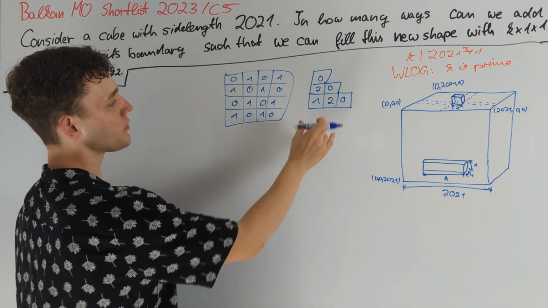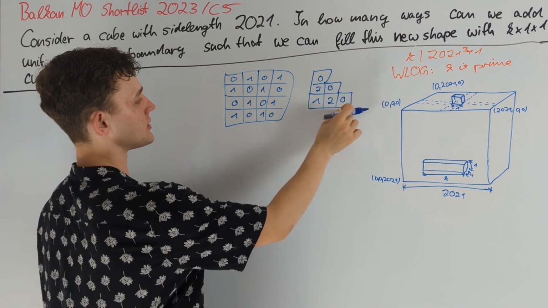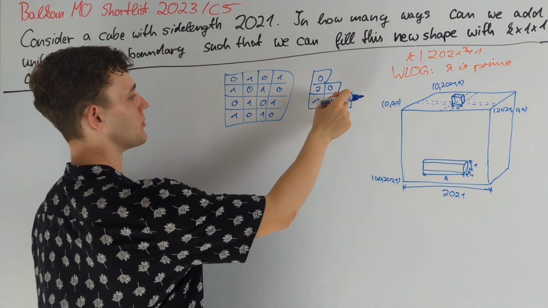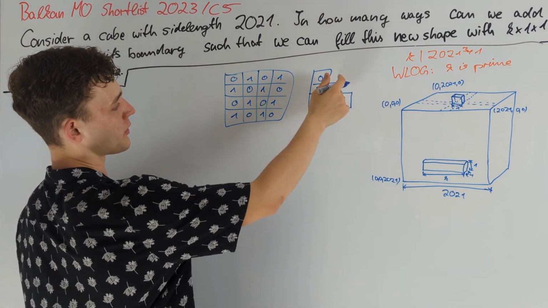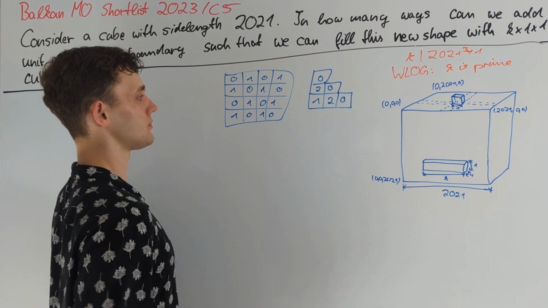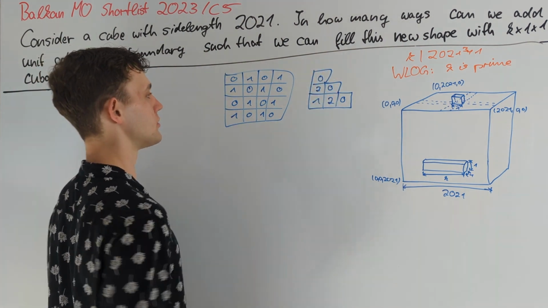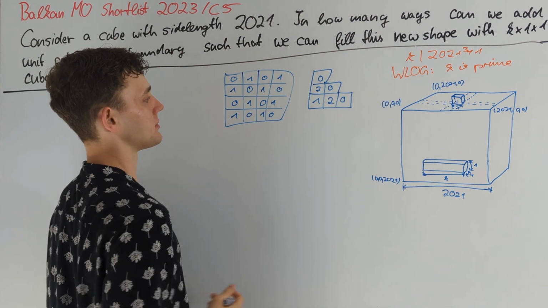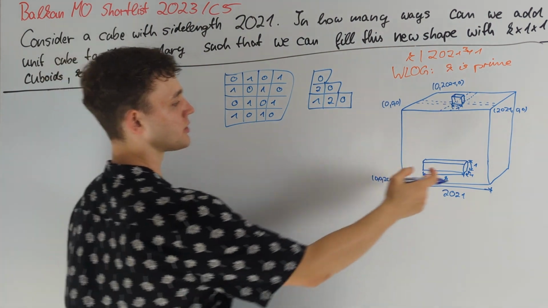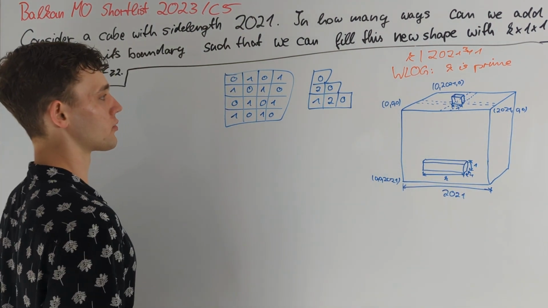But in any case, here we see that every 1 times 3 piece covers exactly one 0, a 1 and a 2. And we have, for example, more zeros than ones and also more zeros than twos, and therefore we cannot cover this with 1 times 3 pieces. And we want to use the same idea for our problem.